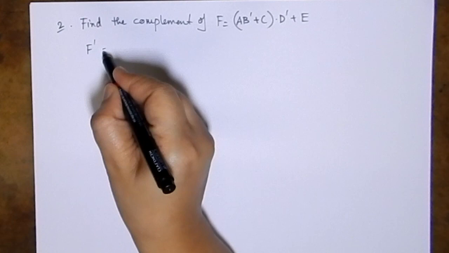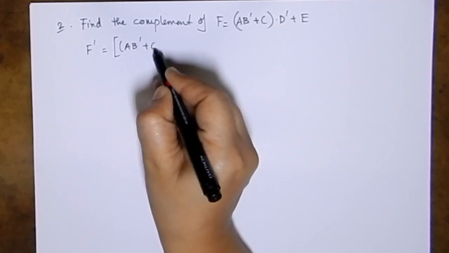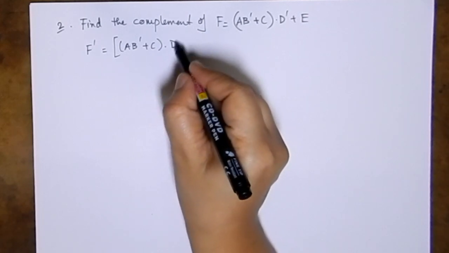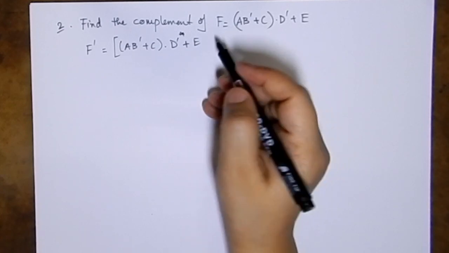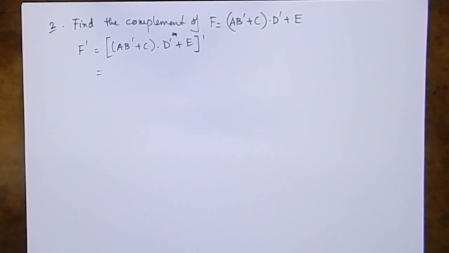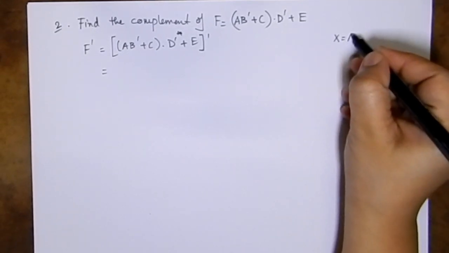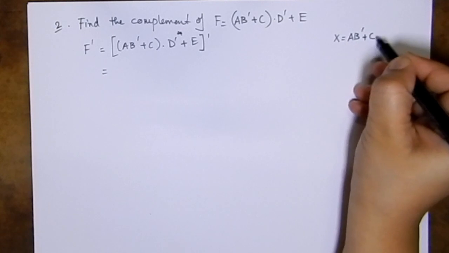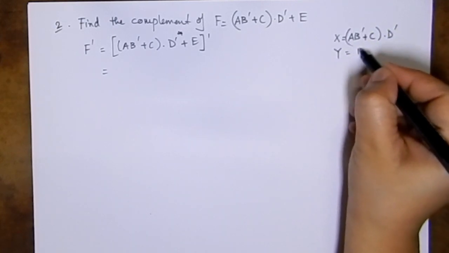So f dashed will be (ab dashed plus c dot d dashed plus e) whole dashed. Over here I can see this expression as a sum of two terms, where the first term x equals ab dashed plus c dot d dashed, and the second term is e.